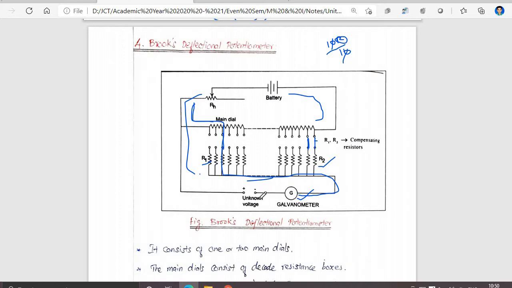Initially you have to connect to ground and adjust to the zero potential, that is the null point. First we give a battery source. You can adjust the variable resistance and connect the main dial with R1 and R2 compensating resistance, and the circuit will be closed here.